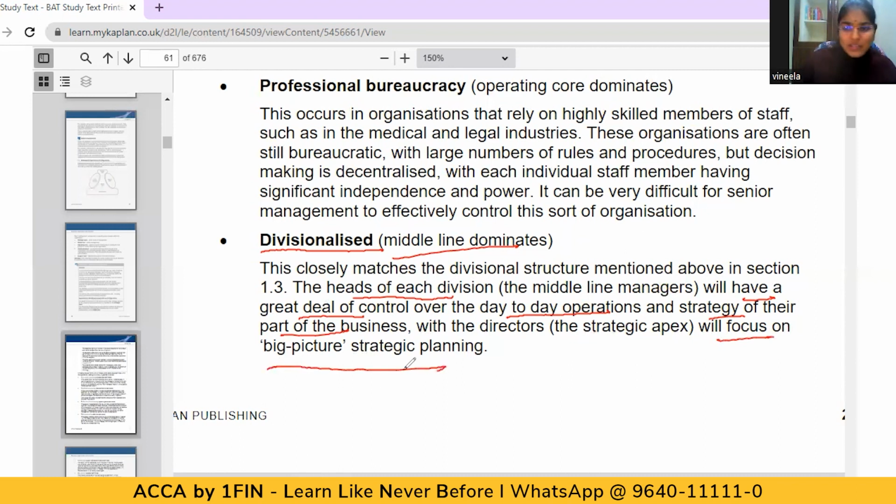See, the board of directors will be there in the organization. But when the board of directors try to take a decision, it will be taken only after the approval of middle line managers. They'll try to dominate in this decision making.